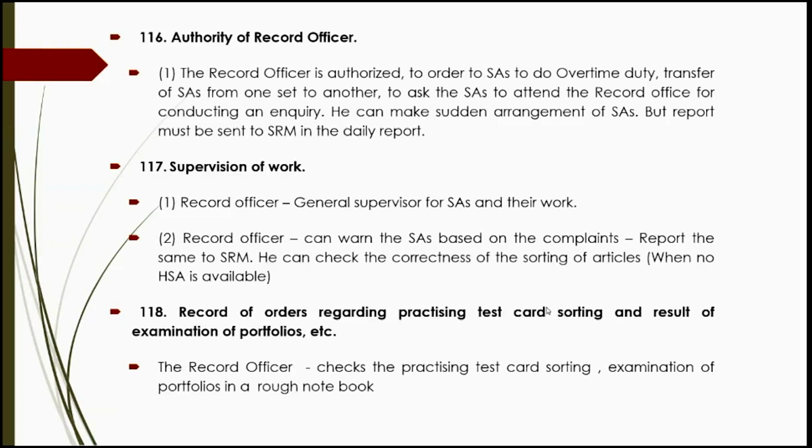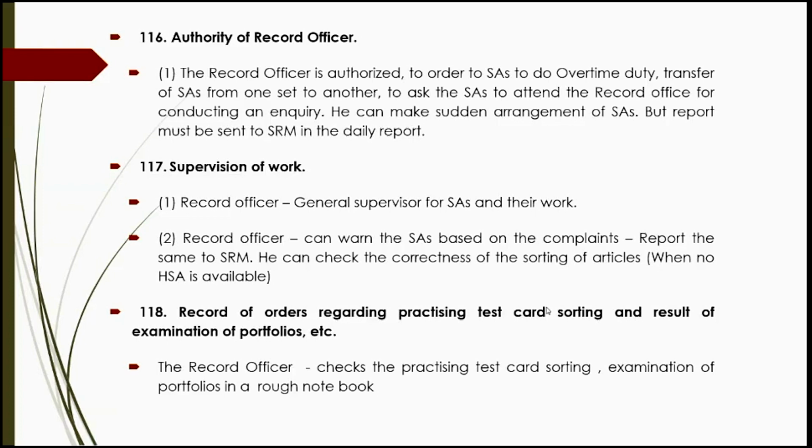Next is supervision of work. The record officer is responsible for general supervision of sorting assistants, and they can also issue warnings. Disciplinary authority is vested with the superintendent, but they can issue warnings based on complaints.